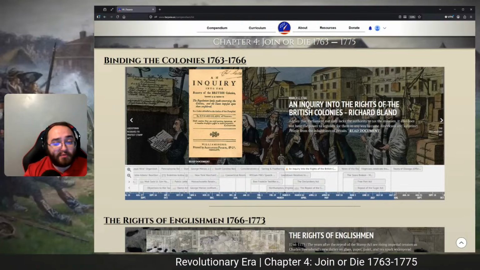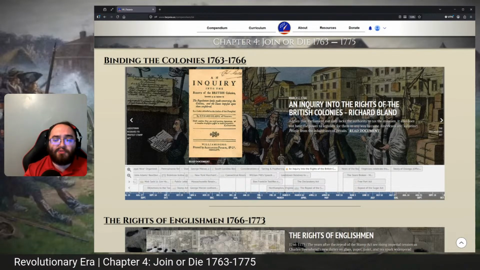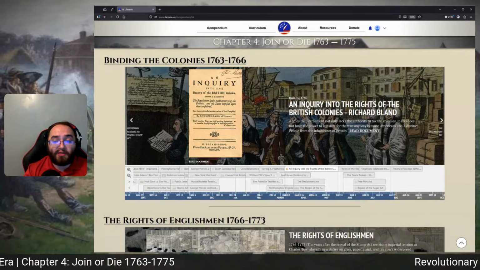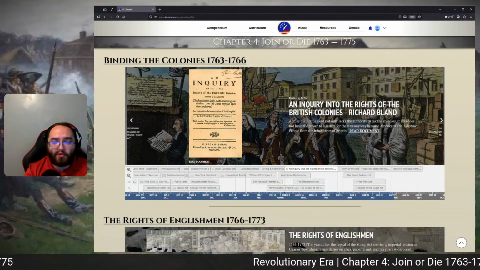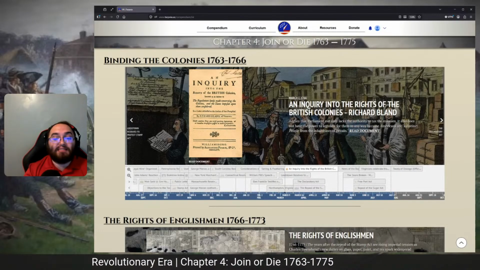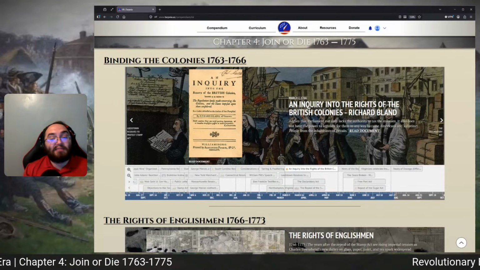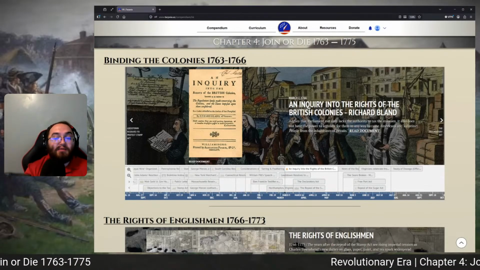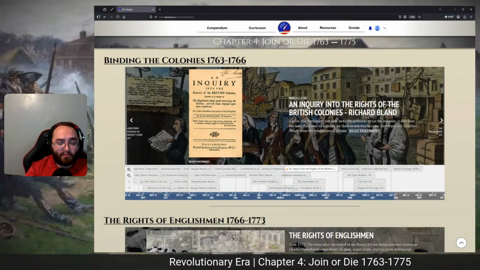Here's another essay written by Richard Bland. An Inquiry into the Rights of the British Colonies argues that Parliament not only lacks the authority to tax the colonies, it also does not have the power to legislate for them in any way, because Americans are a distinct people from the inhabitants of Britain. So this is a break in what many colonists, even patriots, will argue.